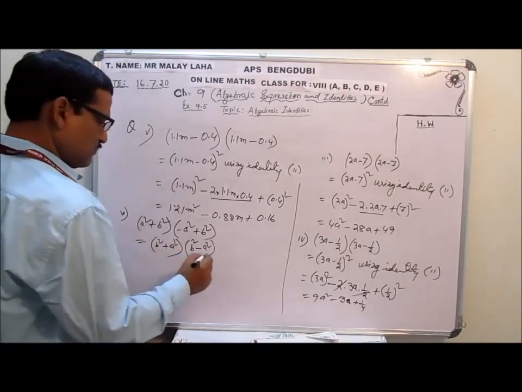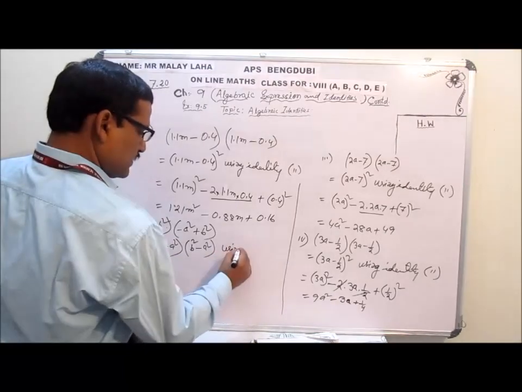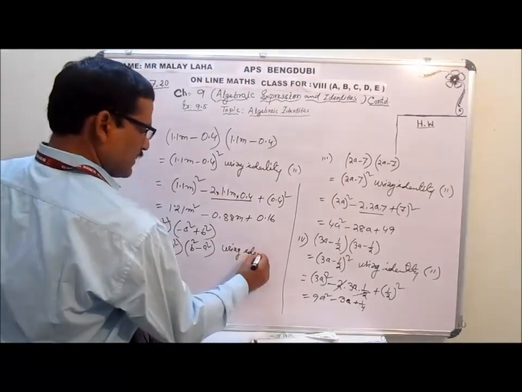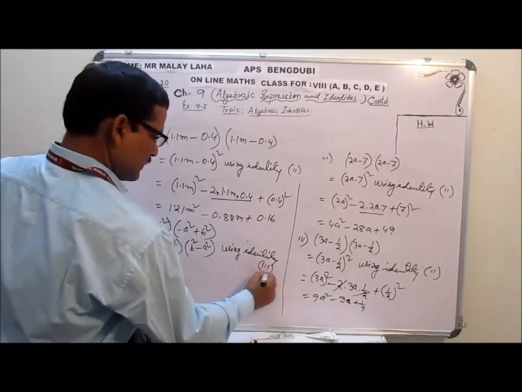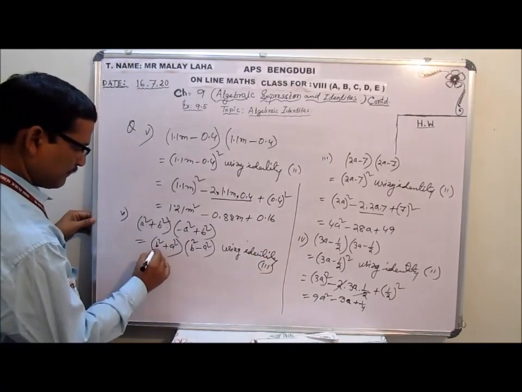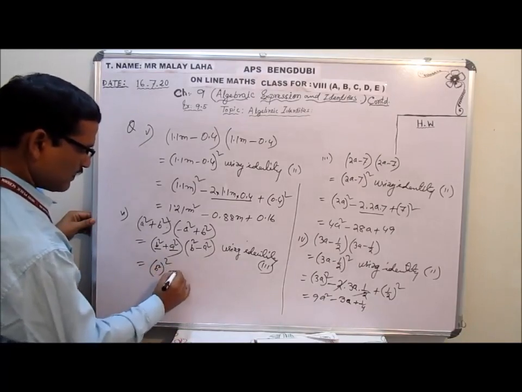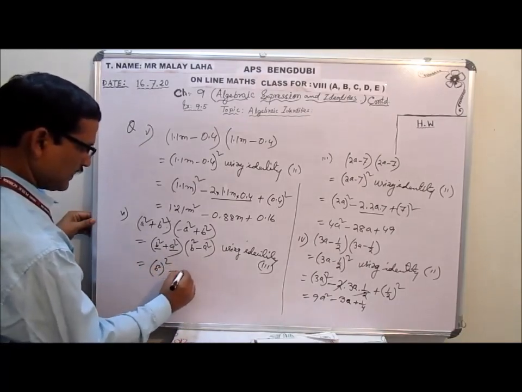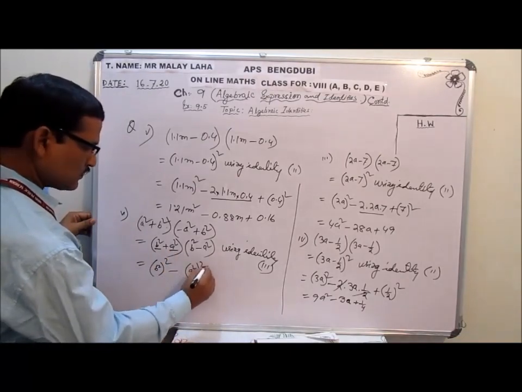So I can write using which identity? Using identity third, a square minus b square. Which one is a? This one is a, this one is b. (b square) whole square minus (a square) whole square.